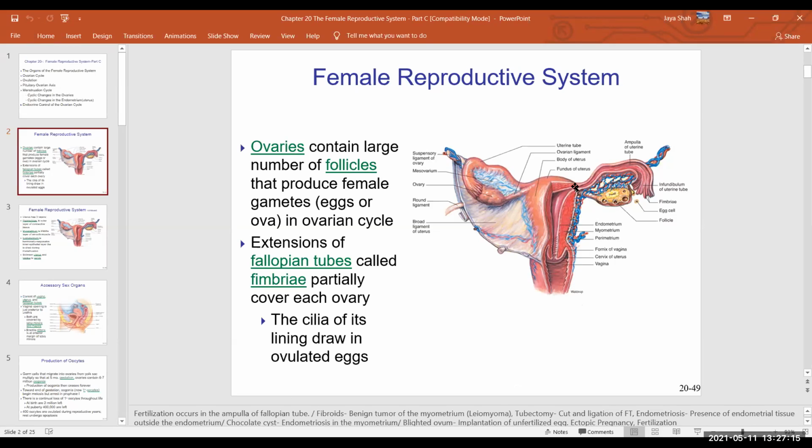Where you have endometrium, the endometrium is the inner lining here, yes? And then the myometrium is the middle layer. The myometrium is made up of smooth muscle cells, so if there is a tumor of the smooth muscle cells, we call it fibroids. Fibroids are benign tumors of the myometrium, called leiomyoma.